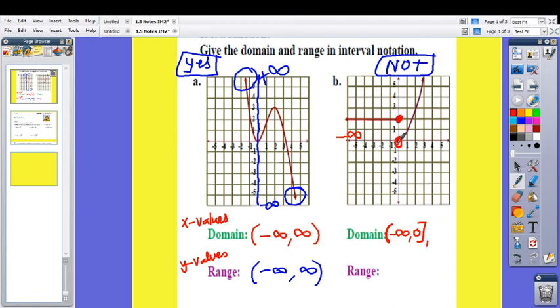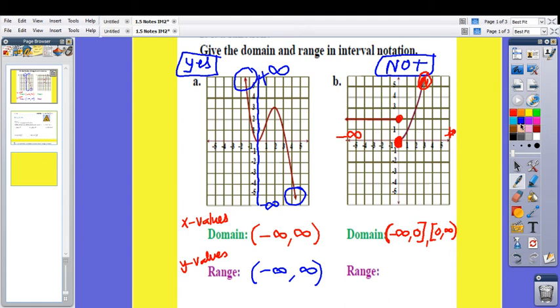Now again, the function is picking up at x equals 0, so you will put it again. But this time you can see there is this arrow. That means it's going towards the positive infinity. So we will say infinity. So this is how you show that your function is broken, using the interval notation.